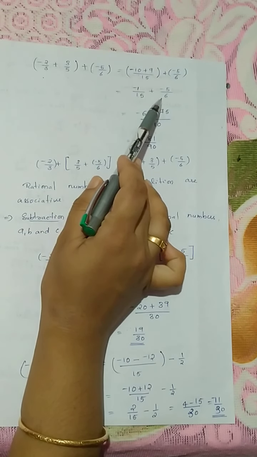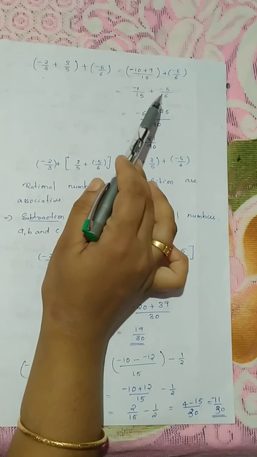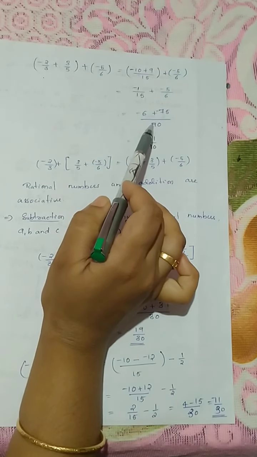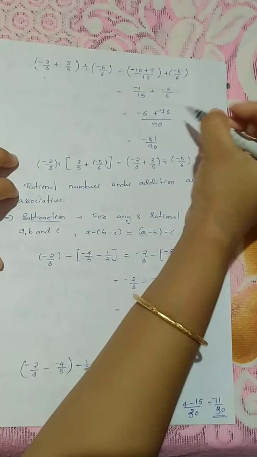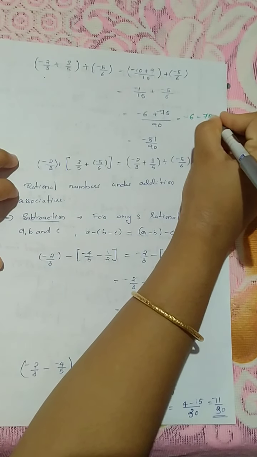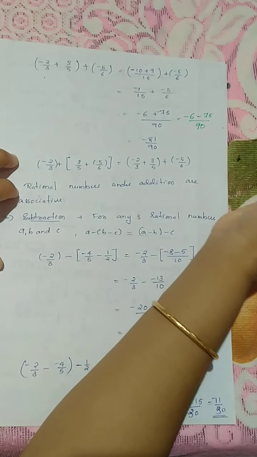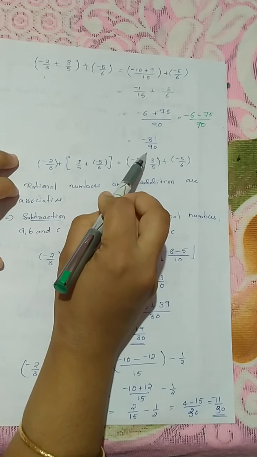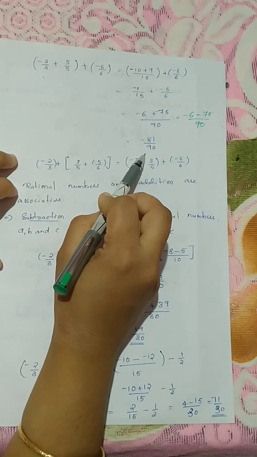So minus 1 into 6, minus 6, plus minus 5 into 15, minus 75, divided by 90, that is minus 6 minus 75 divided by 90, which is equal to minus 81 divided by 90.